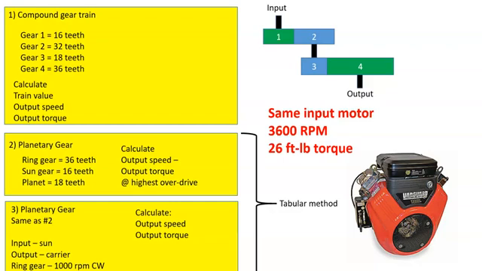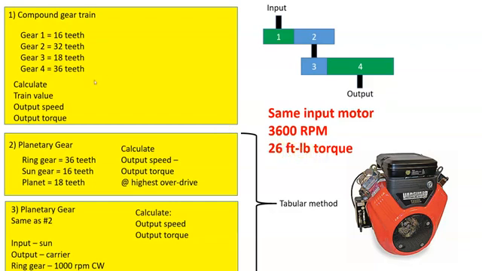Alrighty, so here we had three problems. One was a compound gear train. The other two were planetary gear trains, and they all had the same input motor of 3,600 RPM and 26 foot-pounds of torque.